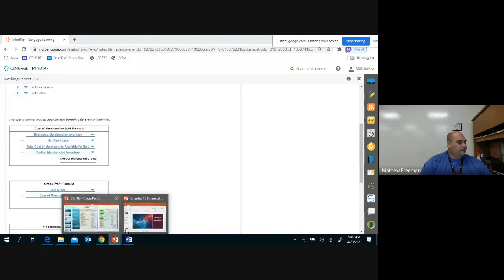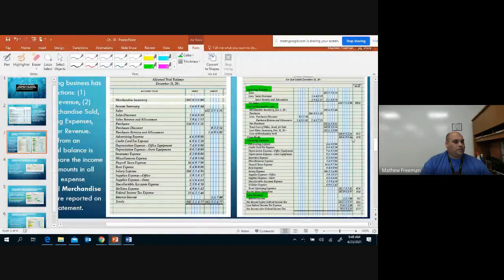Okay, right here, gross profit is net sales minus cost of goods sold. Net sales, you subtract those, and that's going to give you your gross profit.